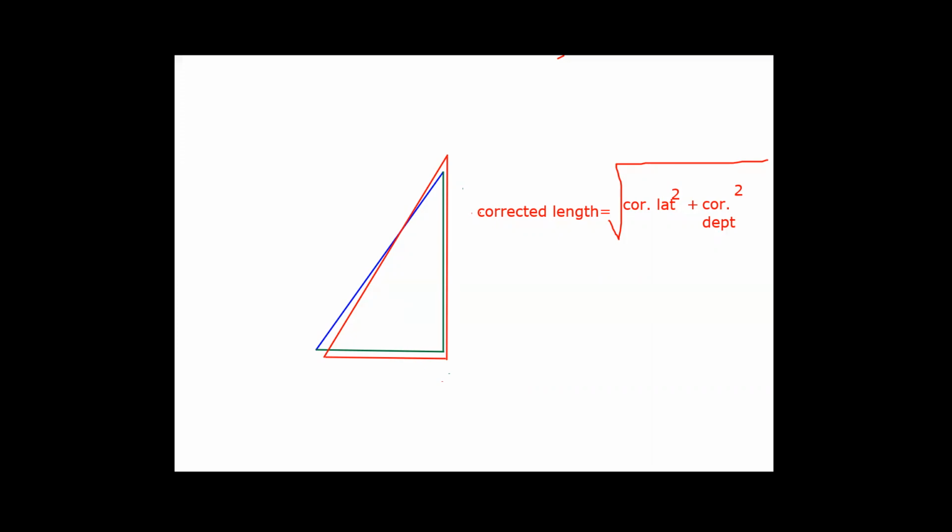In the first quadrant, latitude is positive, departure is positive. Here, latitude is negative, departure is positive. Here, latitude is negative, departure is negative. Here, latitude is positive, departure is negative. That's how the latitude and departure are related to bearing.